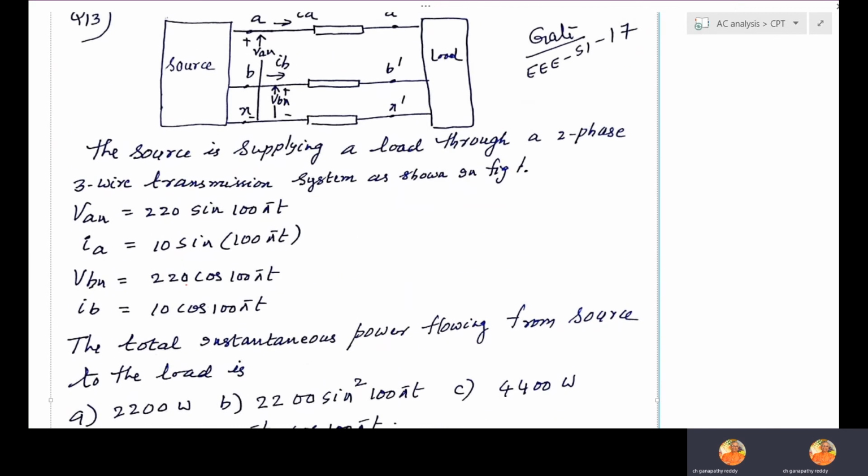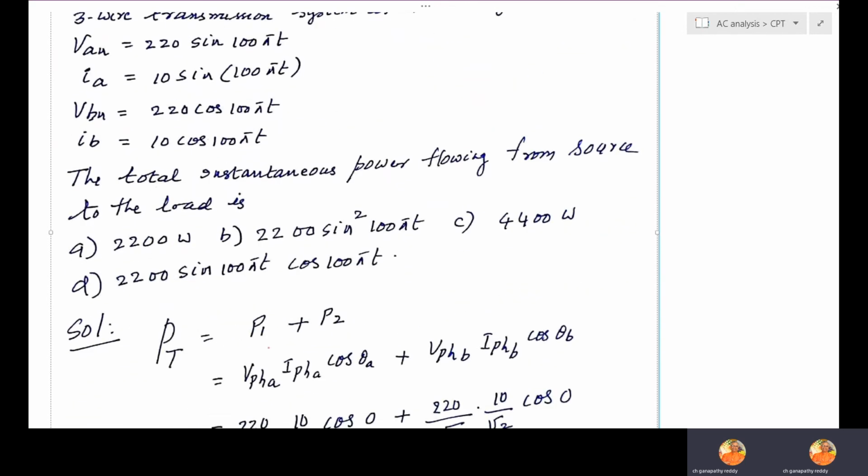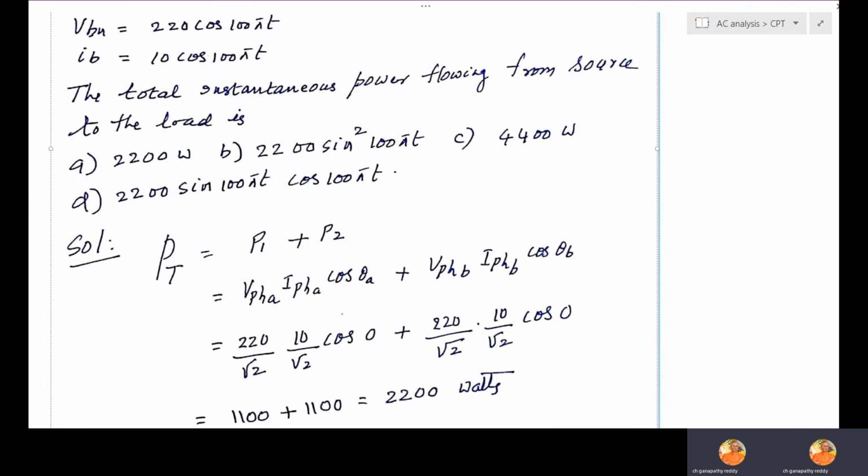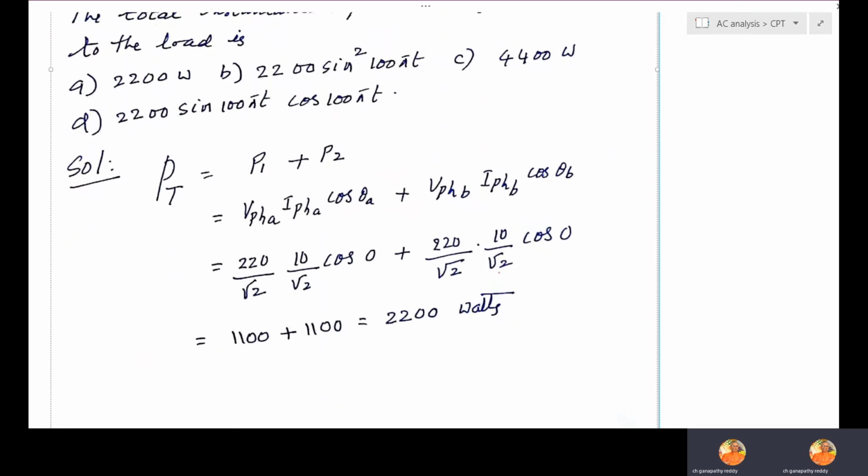Here total power is nothing but power in phase 1 plus power in phase 2, obviously. And P is nothing but VI cos theta. V phase A, I phase A, cos theta A. V phase B, I phase B, cos theta B. Phase A, phase B, add them.